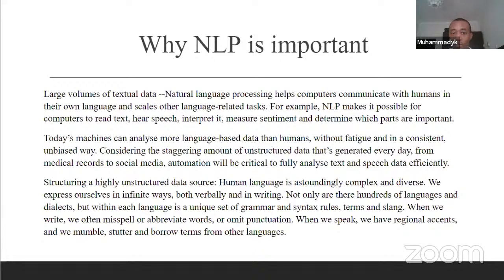And the last importance as to why we should use NLP is that it helps us structure highly unstructured data. So data these days, the world is transitioning into data science, because we deal with data every single day of our lives, and all of this data doesn't necessarily have to come in structured, right?